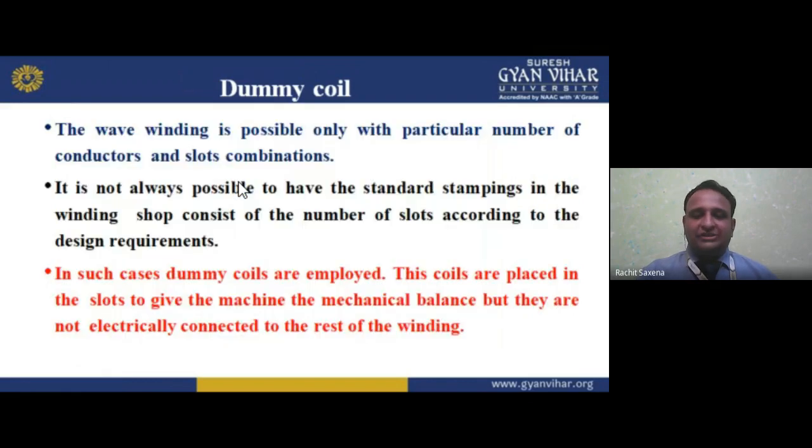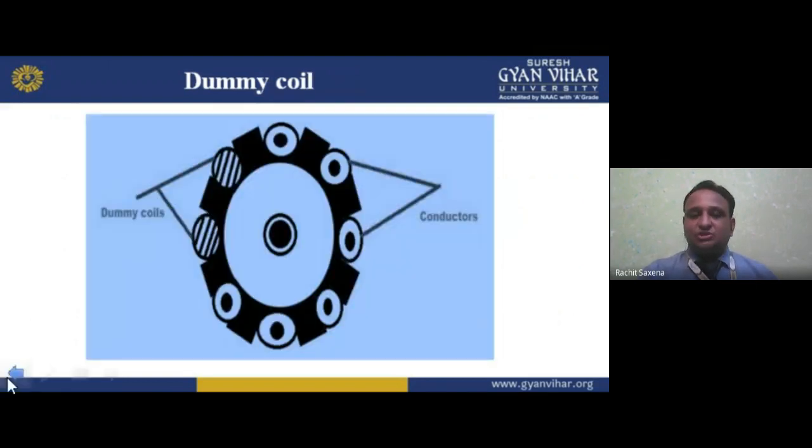I hope you understand the line: in such cases dummy coils are employed. These coils are placed in the slots to give the machine mechanical balance, but they are not electrically connected to the rest of the winding. See here, these are electrically connected, and are known as conductors, but these are known as dummy coils. Why, my dear student? Because we are not connecting them.